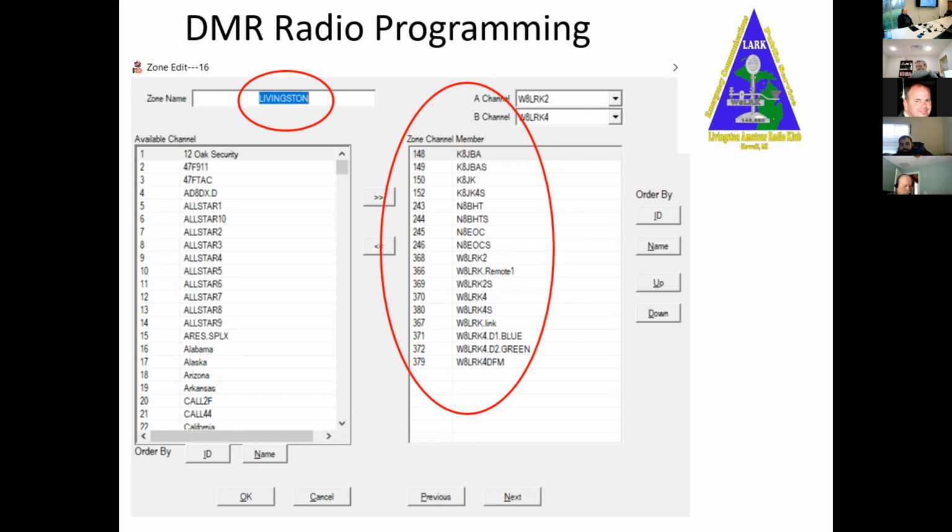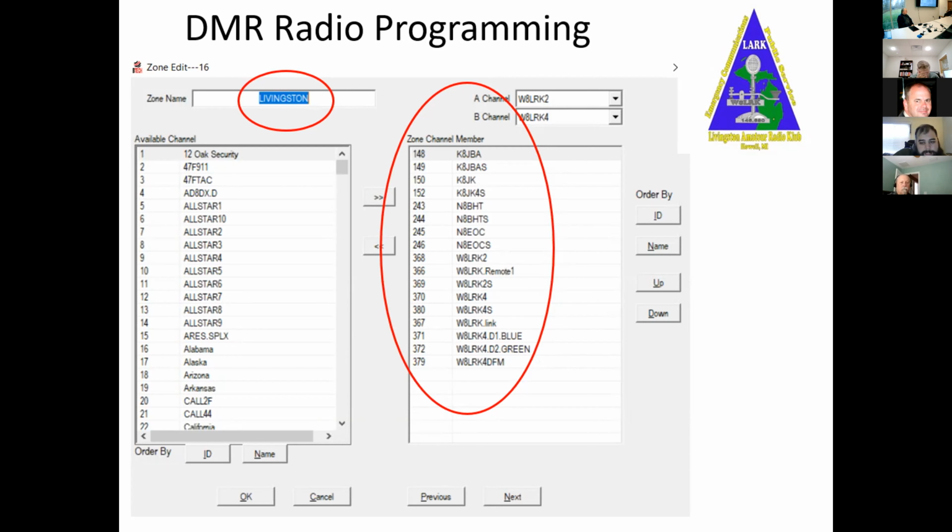Like I got a zone, say water department, where I can go to that zone and just hit scan and it'll scan all the water department stuff, because they happen to be DMR, right? So you can make any zone you want. And then it's just a group of channels. But you can't go to a channel in a DMR radio if it's not in a zone. So I can give you a code plug that's got 1,000 channels in it, but only put 2 in a zone. You can only have access to the 2.